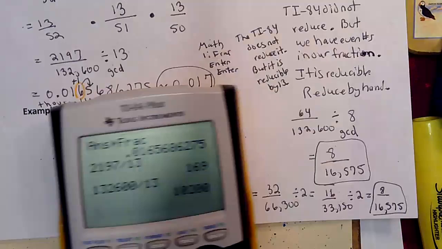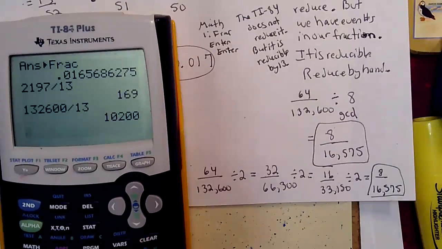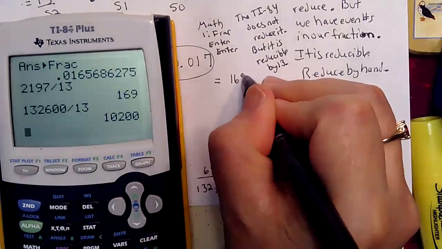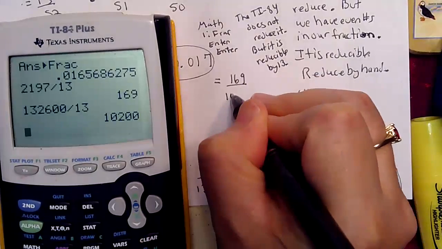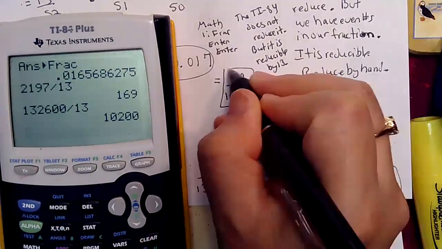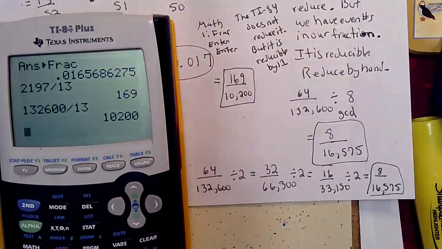Yep. So this does reduce to 169 over 10,200. So it's a good idea to have a list of prime numbers.